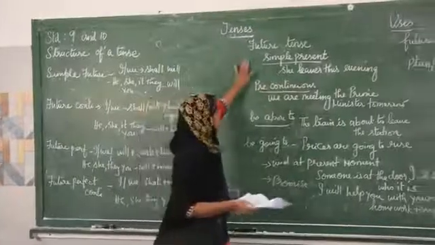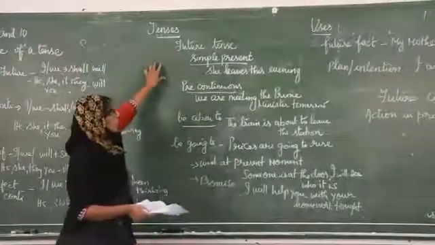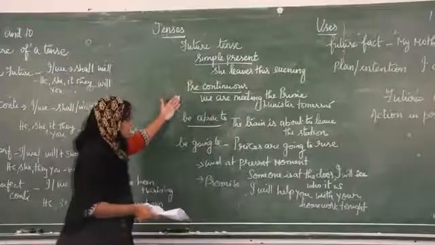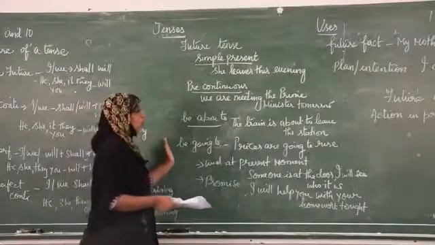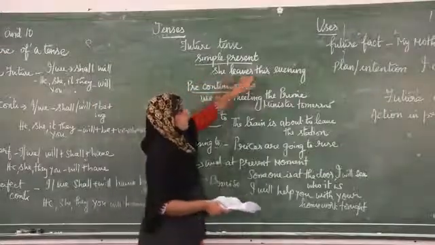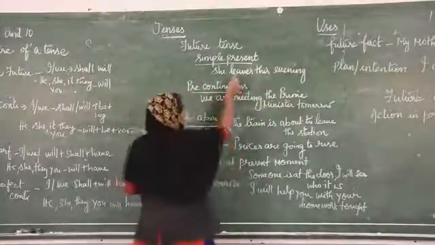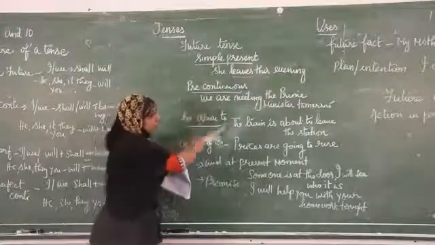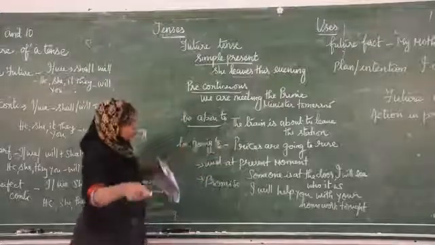Now, how to use? What are the usages of future tense? Future tense can be expressed in the form of simple present and present continuous, for an action which is going to happen in future. You can see, she leaves this evening. Here the verb is in present form, but it refers to an action which is going to take place this evening in future.